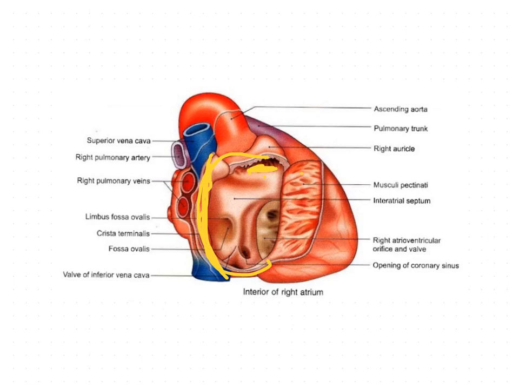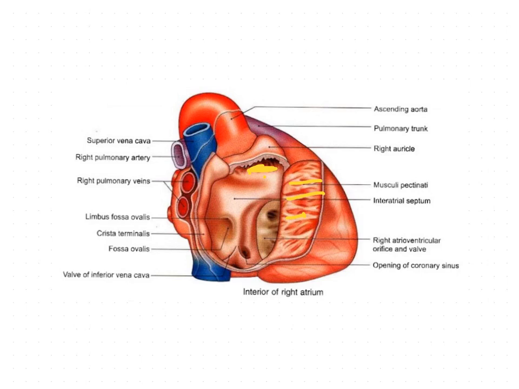Because of this crista terminalis only, a sulcus is formed on the right border. That sulcus is called the sulcus terminalis, which we have seen in the external features. So this is the anterior part. The anterior part is also called the pectinate part, which also includes the right auricle.